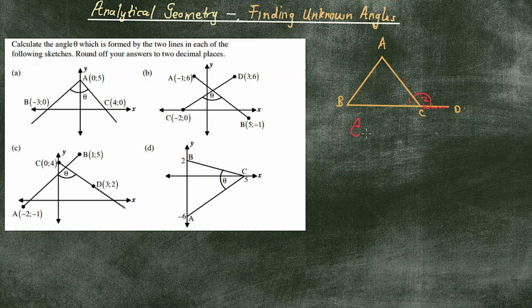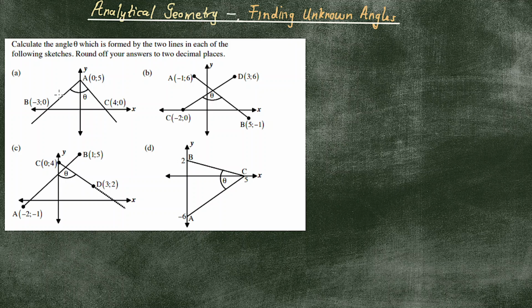So this exterior angle C2 is equal to angle B plus angle A. So when you take this angle and add it with that angle, you will get the exterior angle C2. Now keep this in mind. This theorem is very common in analytical geometry, especially when you try to find angles that are not angles of inclination. So now let's start solving.